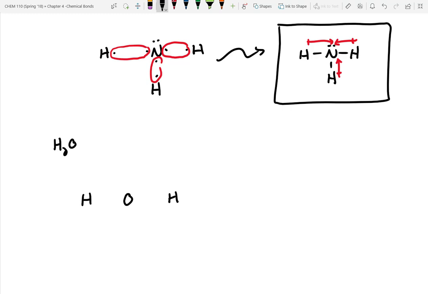How many electrons around oxygen? 6. Okay, so I'll go 1, 2, 3, 4, 5, 6. Hydrogen has 1 and 1. And we'll go ahead and circle these and circle these. Sorry, I lost my dot in there. Okay. So now what you can do is draw it out like this.